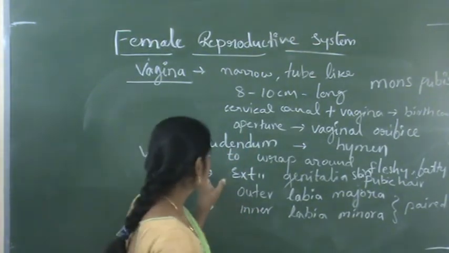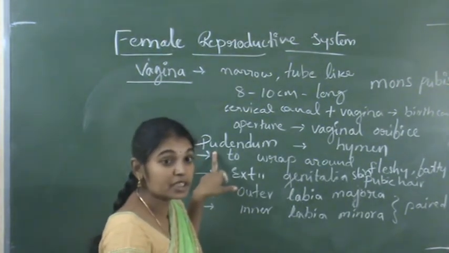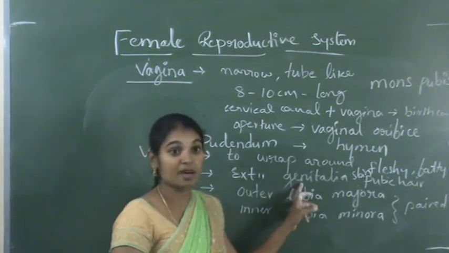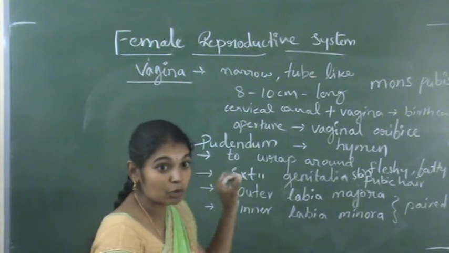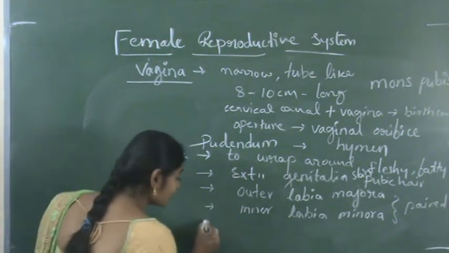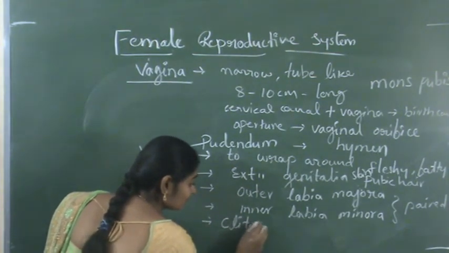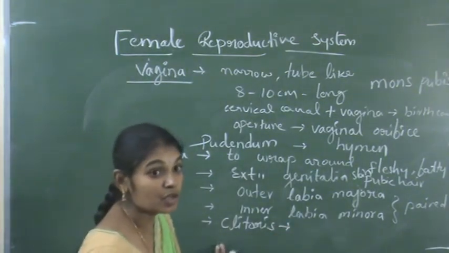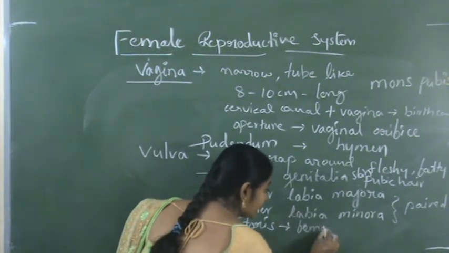So the vulva is also known as the pudendum. It is the external genitalia of the female, and where the vagina opens into the vulva, there is a small flap-like structure known as the clitoris. The clitoris is the female copulatory organ.